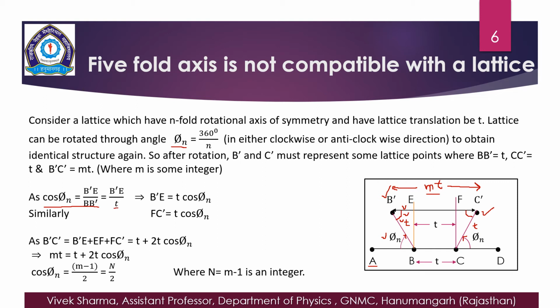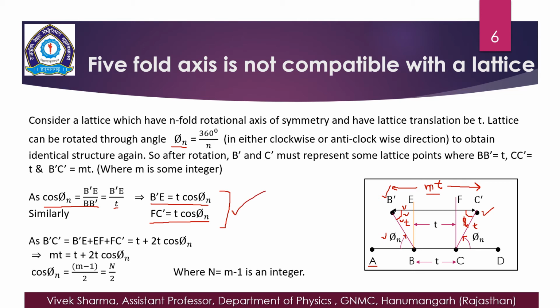So by cross multiplying, we get B dash E equal to T cos phi n. Similarly, in triangle C F C dash, if we take phi n here, it's symmetrical. So cos phi n is F C dash by C C dash. Again, F C dash is T cos phi n. B dash E and F C dash we have derived with the help of trigonometric relations.